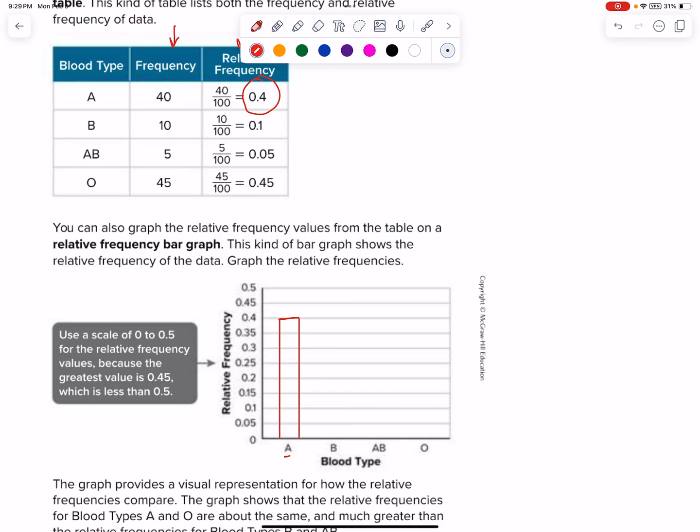So I'm going to make my bar at that spot and then go straight down and straight down. Okay, let's do blood type AB, which is 0.05, so just be careful about that. And then O is 0.45, and that's our highest one. That's actually what I am, is type O.